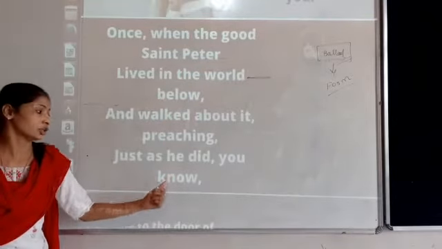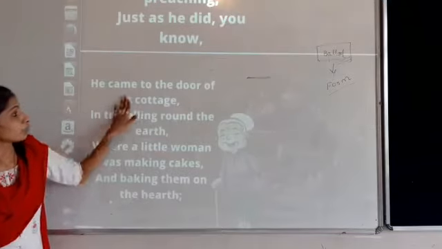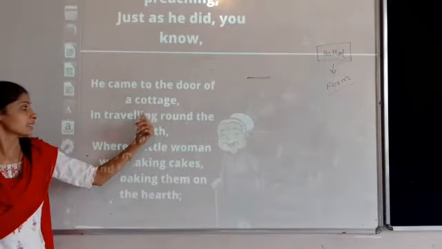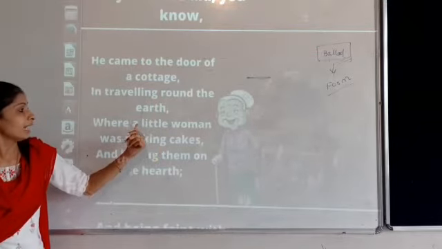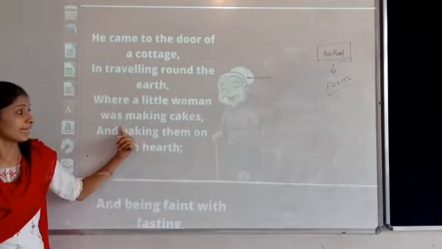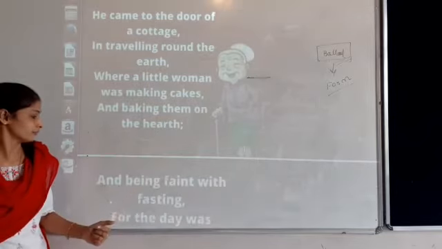Next, he came to the door of a cottage in traveling round the earth, where a little woman was making cakes and baking them on the hearth.